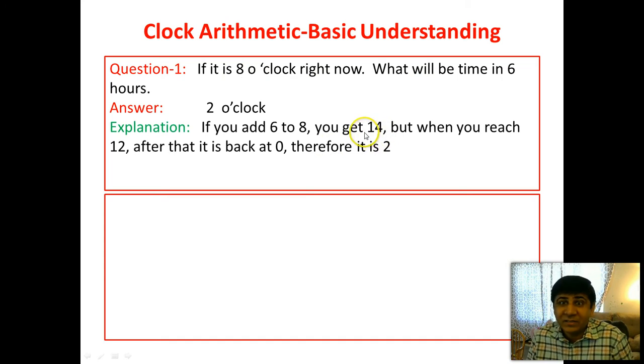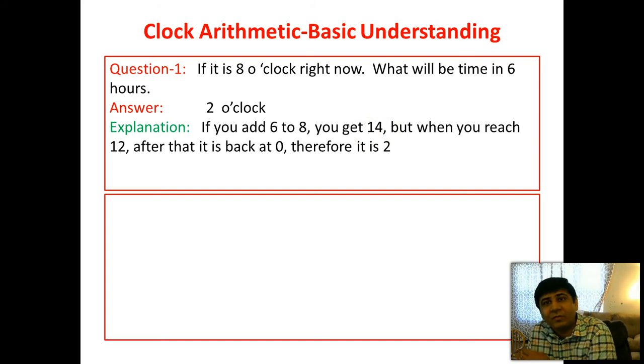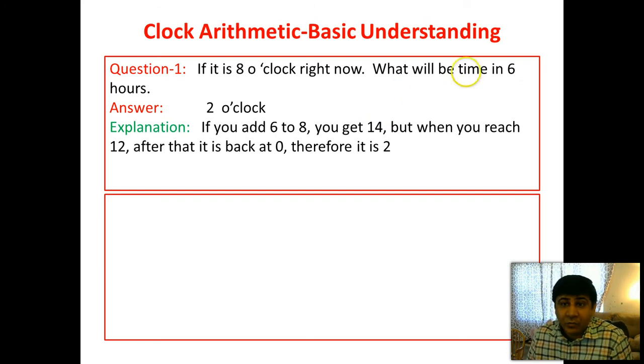But what I told you earlier is 14 is not an acceptable number on the clock. Our clock does not have 14. We are talking about a 12-hour clock here. We also know that when you reach 12, after that it is back to 0. Since we are at 14, we need to do 2 more. That's how our answer is 2 o'clock.